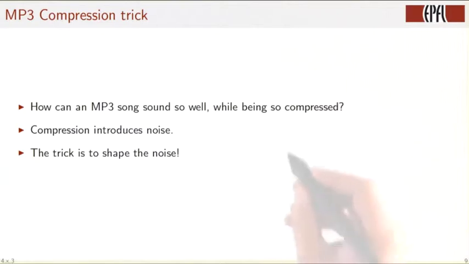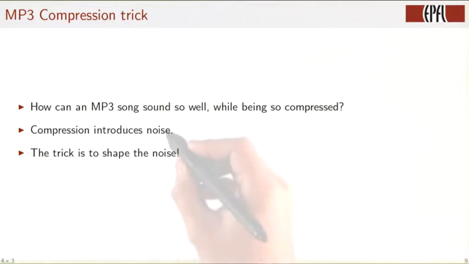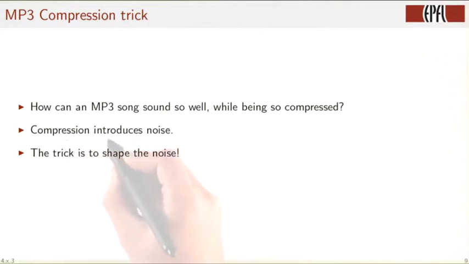However, it has been compressed highly from its original format by a factor of 10, 20 or more, and therefore some information has been lost, but the human hearing system has been fooled not to notice this loss. So compression, which will be discussed later in the class, does introduce some noise, some approximation error, and the trick is to shape the noise so that it's not picked out by the human hearing system.